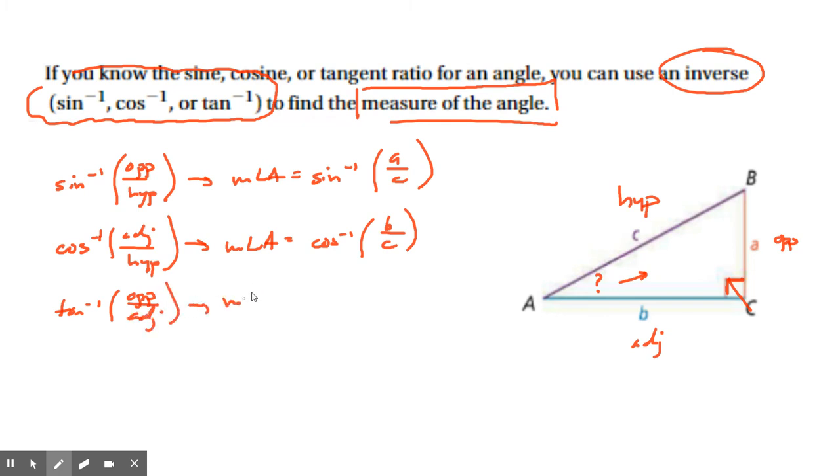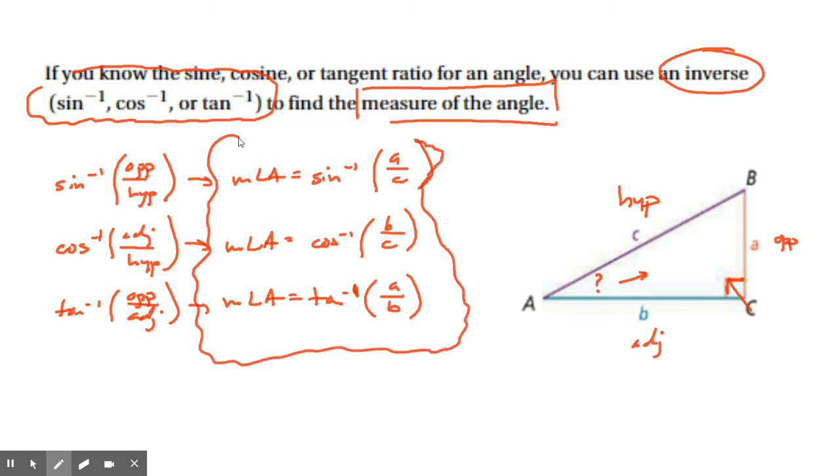So to find the measure of angle A, I would use the inverse tangent of A over B. Okay, so be aware that this is how you find angle measures using inverse trig.